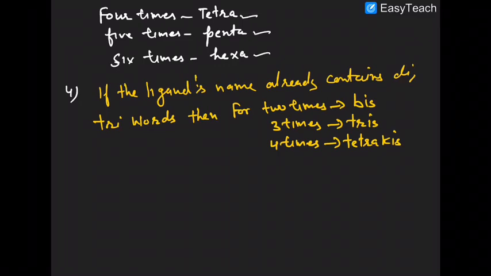And if the ligand's name already contains di, tri words, like ethane-1,2-diamine, the word already contains diamine. For that kind of ligands, for 2 times you will write the word bis, for 3 times you will write the word tris, for 4 times you will write tetrakis, like that. So all these things you have to take very much care of.